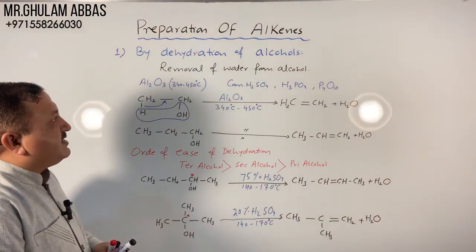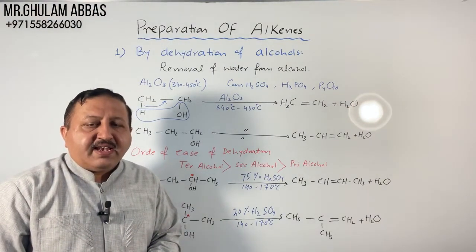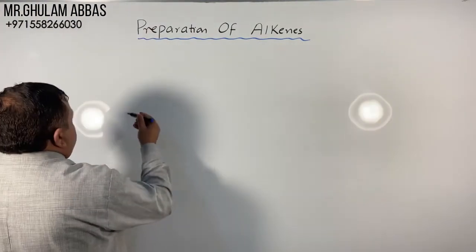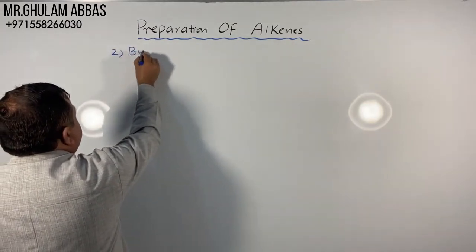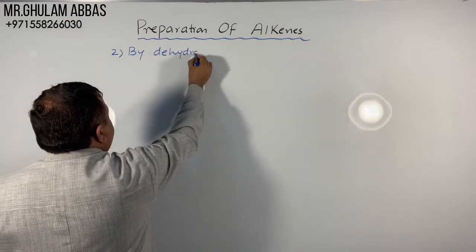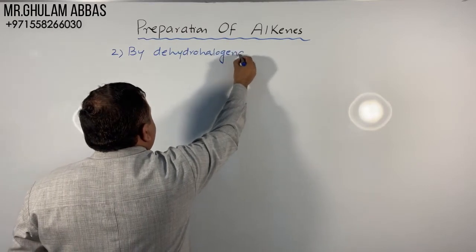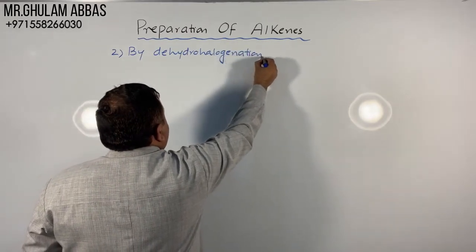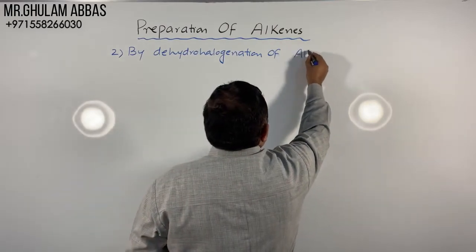The second method is by dehydrohalogenation of alkyl halides.